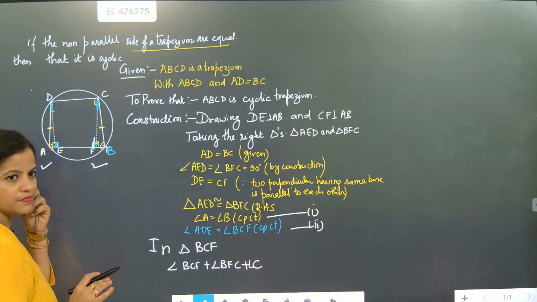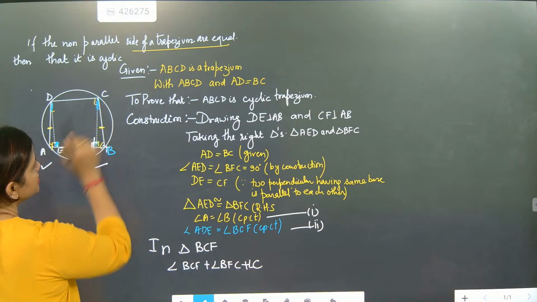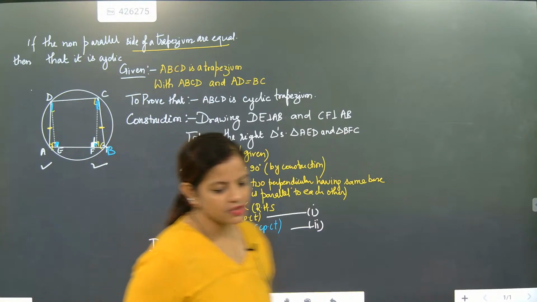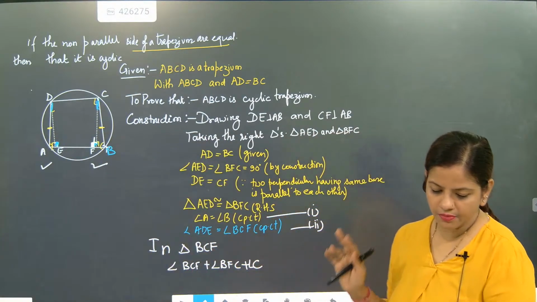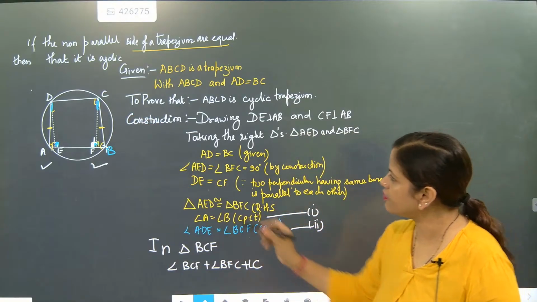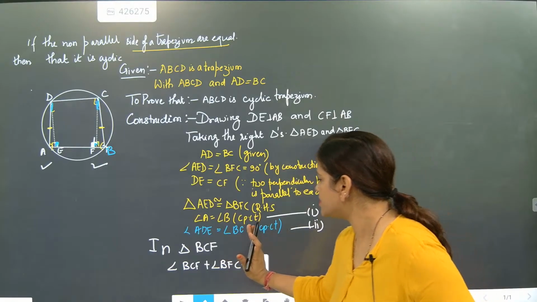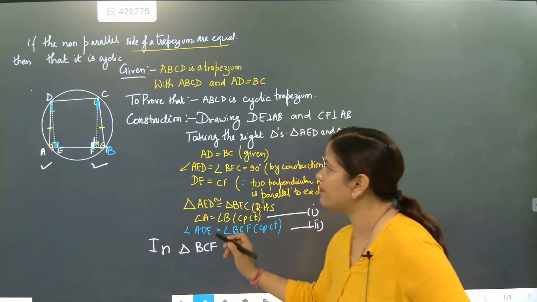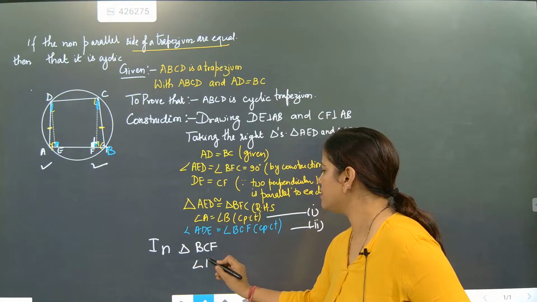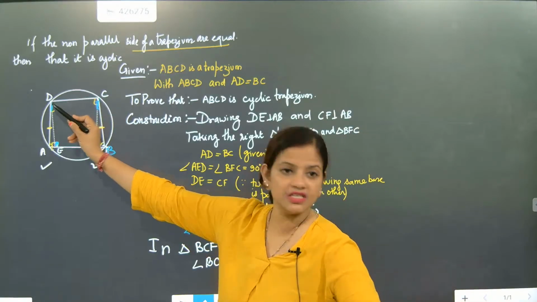BCF angle can be written as this angle plus this angle, 90 degree. Note down please. That is angle BCD. I am writing the full angle BCD, the total angle BCD.